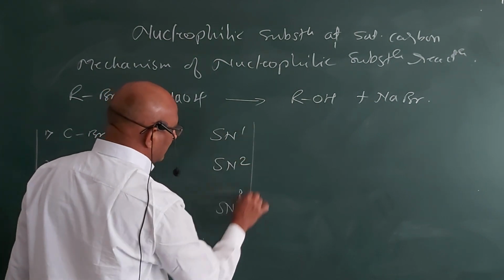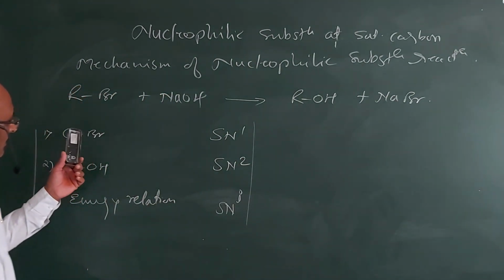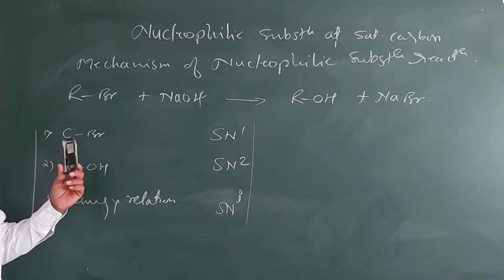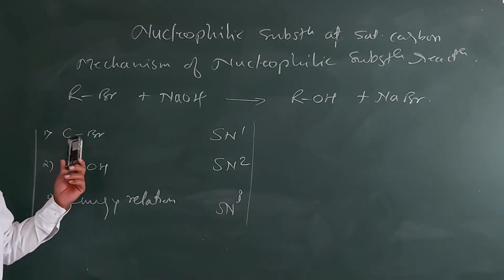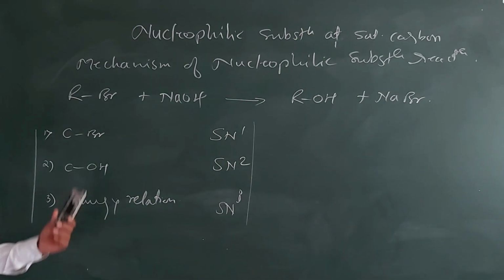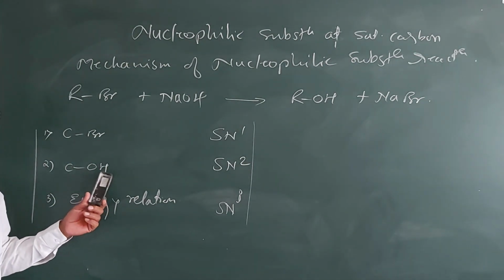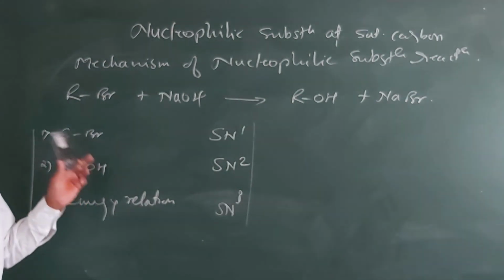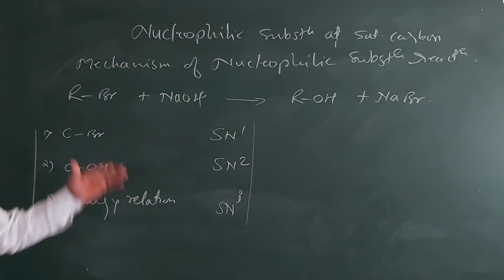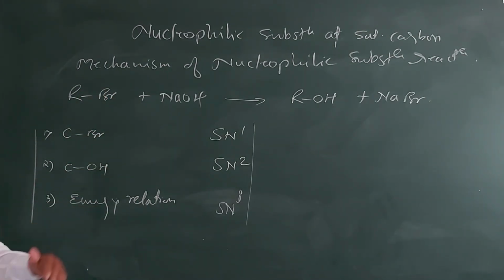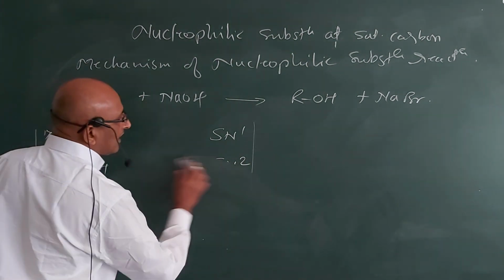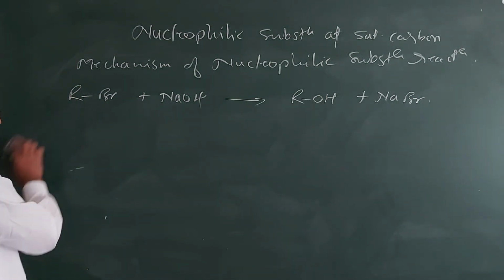Now in all these three, we want to just discuss the sequence, which thing takes place first, whether the C-Br bond breaks first or the C-OH bond forms first, and how this proceeds. So here we are going to get the three different ways in which the reaction proceeds. And so we will discuss them one by one in the next lecture. Thank you very much.